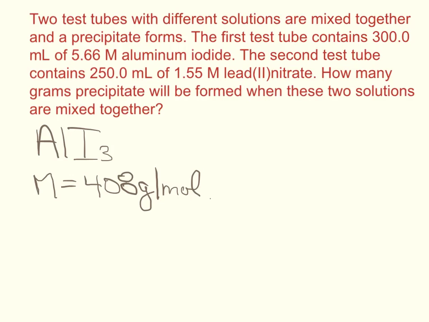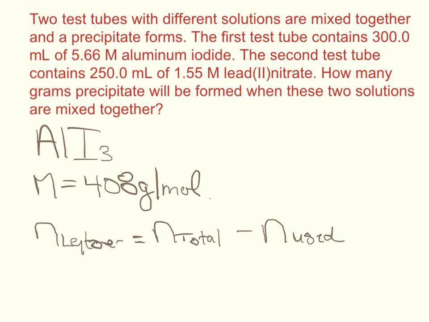Now, before we can calculate the mass of this, we have to figure out how many moles were left over. And this is the tricky part for most students. So to calculate that, we have to find the total number of moles. So the number of moles left over equals the number of moles in total of aluminum iodide that you had, subtracting the number of moles that was used to make your precipitate.